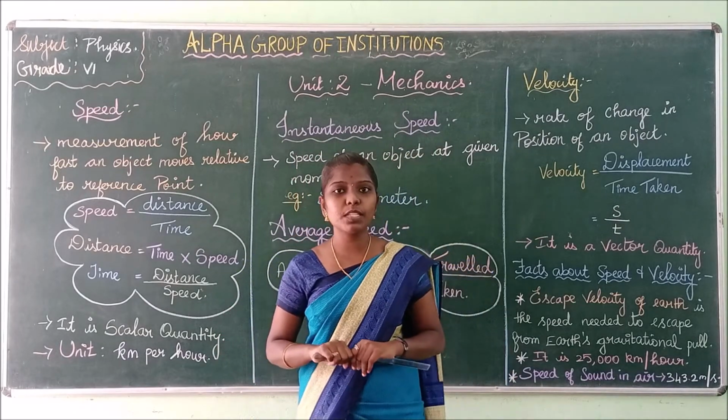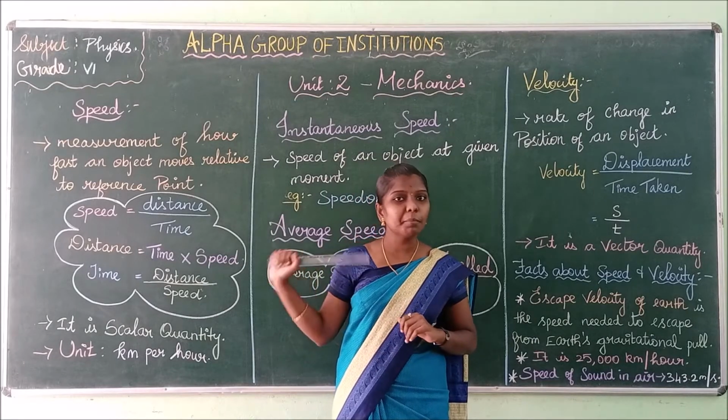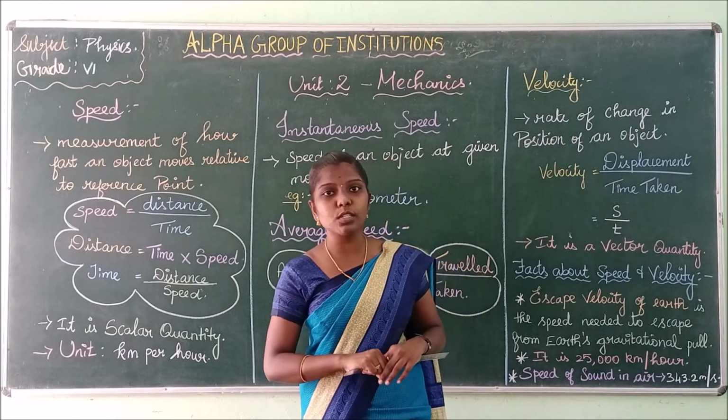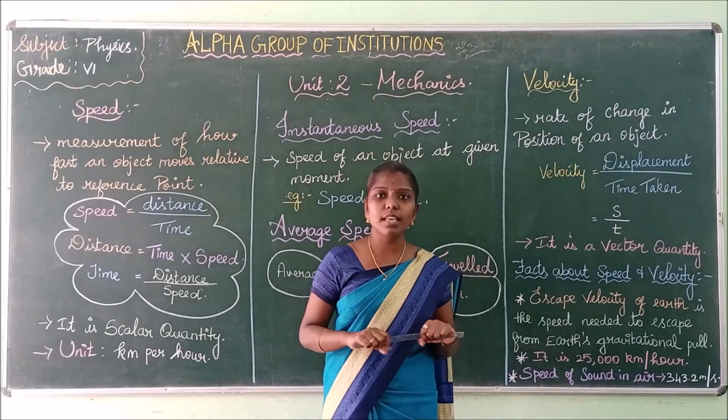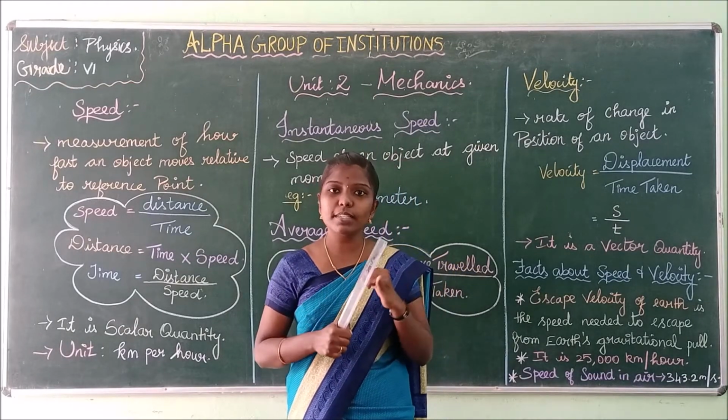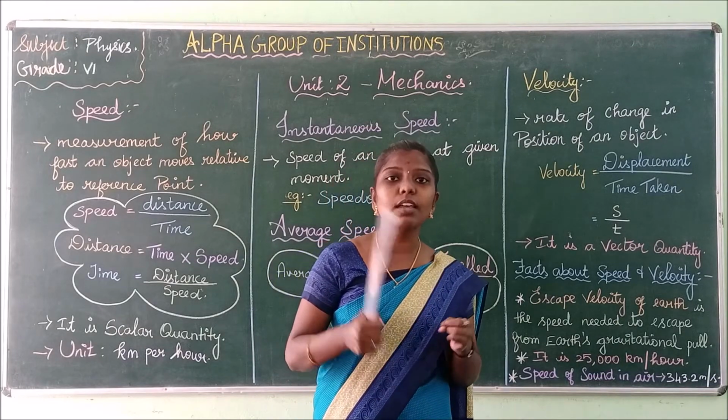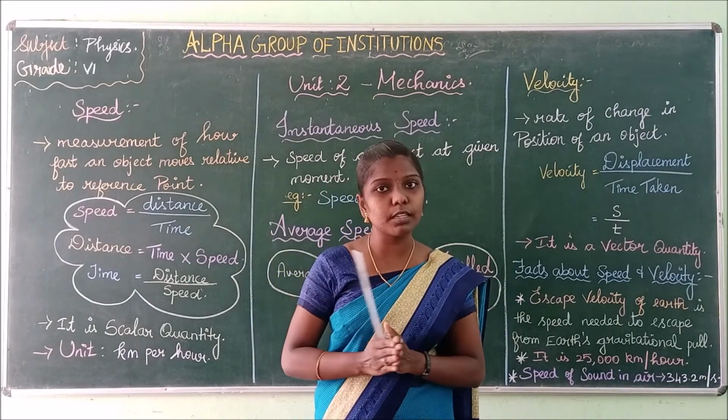Hope you would have seen the first part of the lesson, mechanics. Now we are going to see the second part of the lesson. What we have seen in the first part is what is rest and what is motion, and the difference between rest and motion.